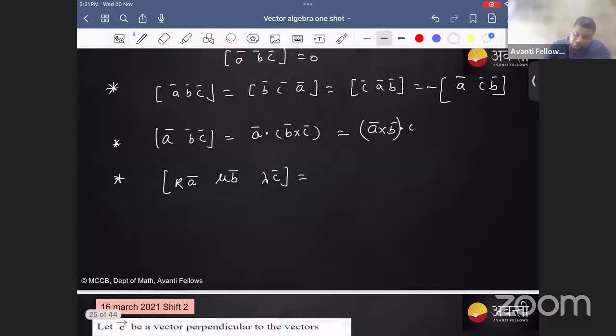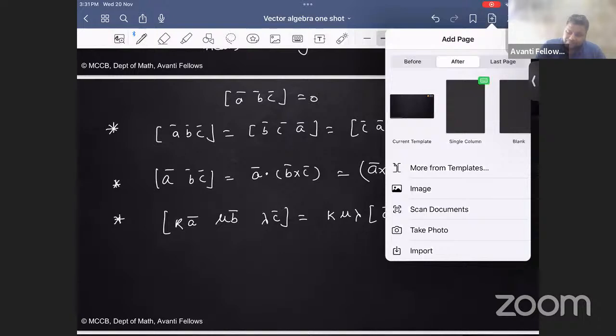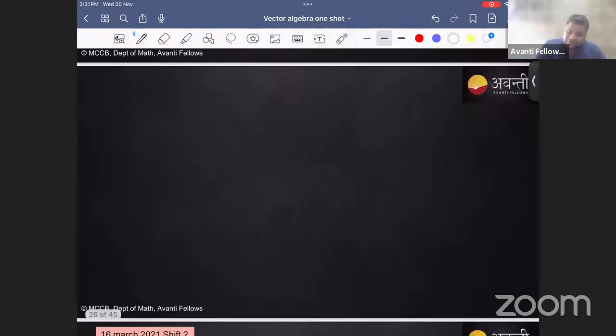So this is equal to K mu lambda box ABC. All right. Am I clear?